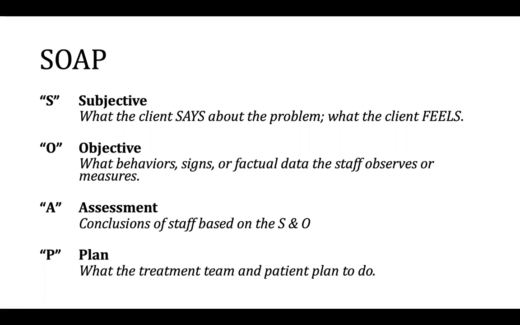That would go in the objective section. What goes in the assessment section is what information you drew from that assessment. So this would be your conclusions, what you think is going on, your clinical judgment.